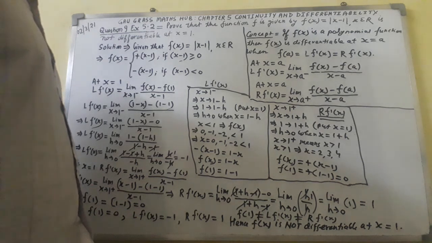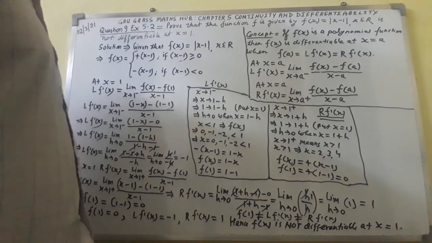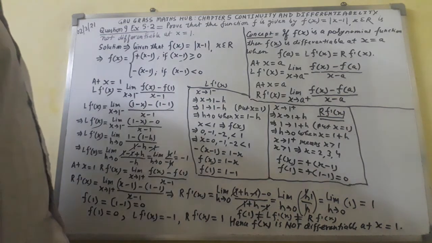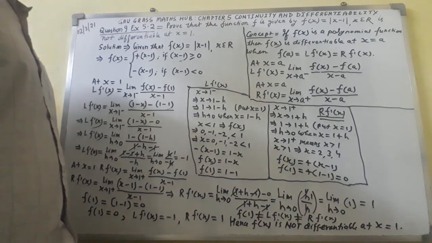Concept, once again I shall repeat. The concept is, if f of x is a polynomial function, then f of x is differentiable at x equal to a, when f of a is equal to left hand derivative of f of x is equal to right hand derivative of f of x.